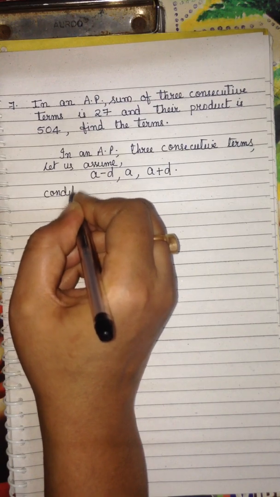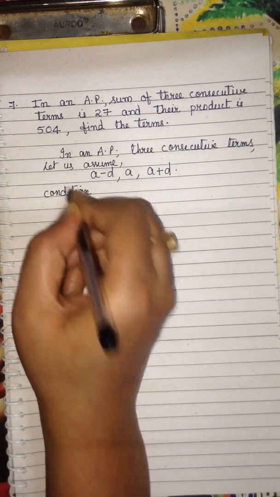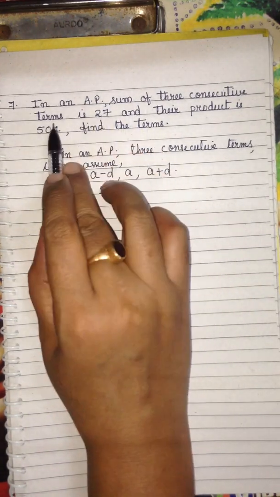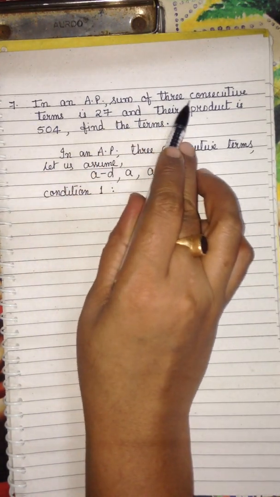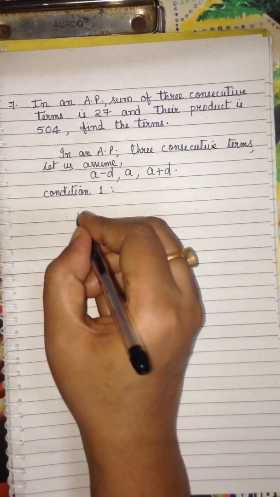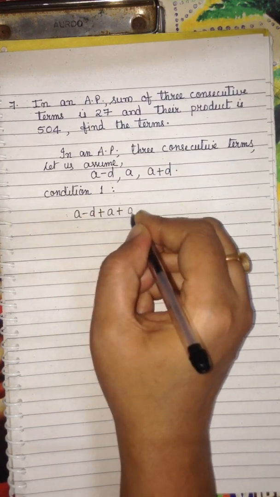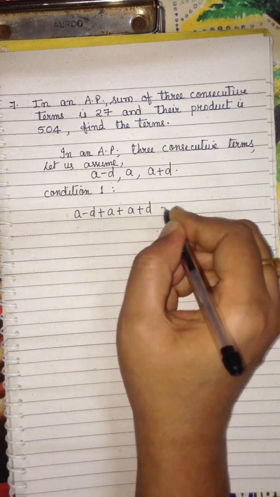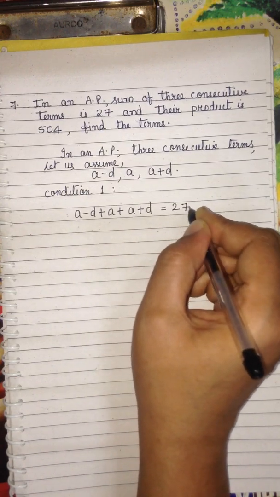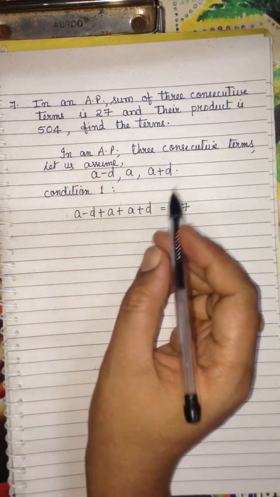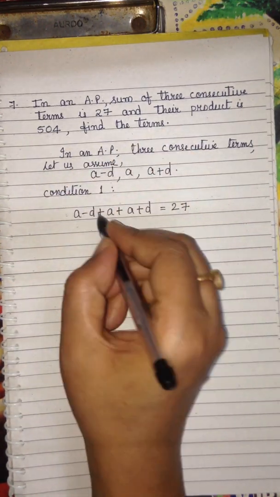Condition 1 is that the sum of the three consecutive terms, that means when you add them, is 27, and their product is 504. That is the second condition, children.